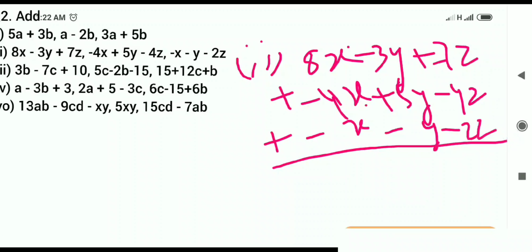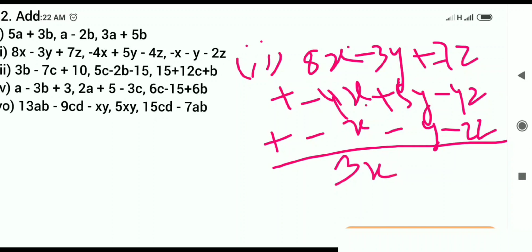Therefore there are 2 minus x, that is minus 4x and minus x will be equal to minus 5x, and that will be subtracted from 8x and we will get 3x.